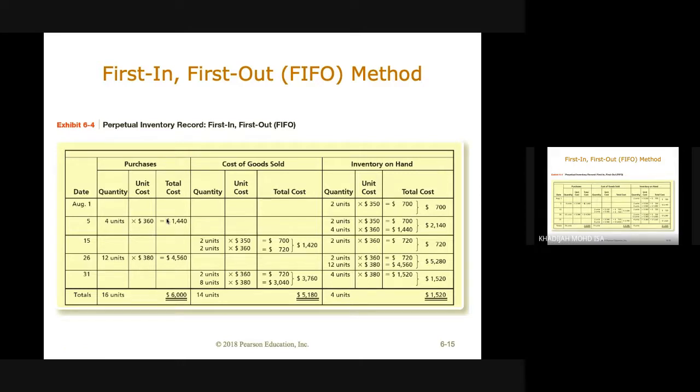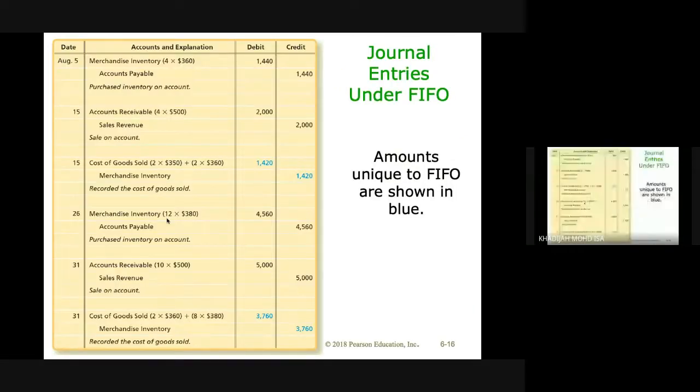Inventory is an asset. So whenever you increase your asset when you purchase, it means that you increase your inventory. So you debit your inventory account and credit your accounts payable. In this case, we assume that you purchase on account. Is that clear? So remember, this is perpetual, not periodic yet. This is perpetual: debit your inventory, credit your accounts payable.